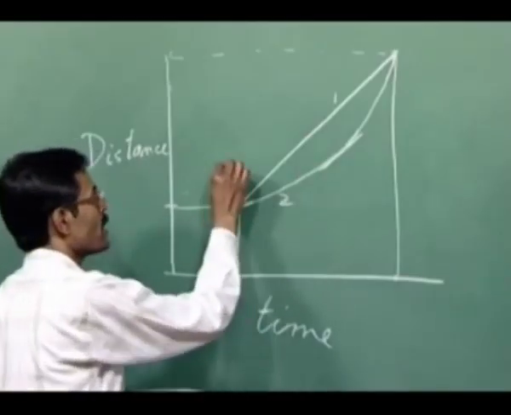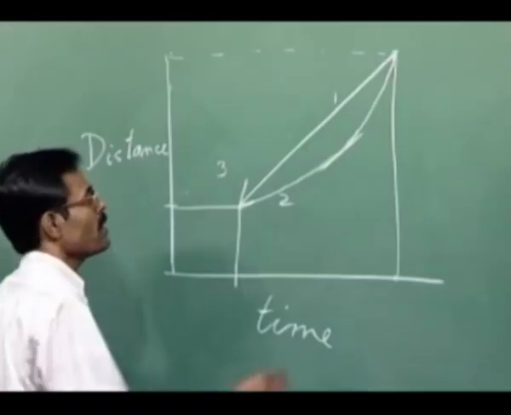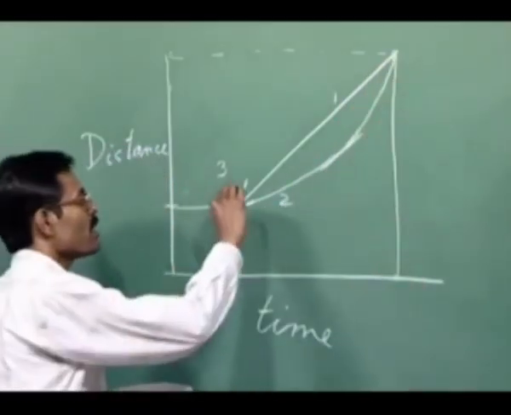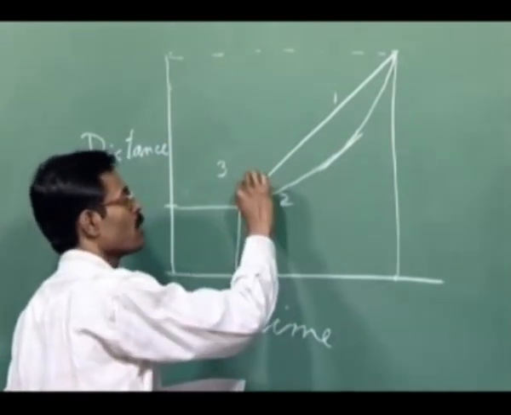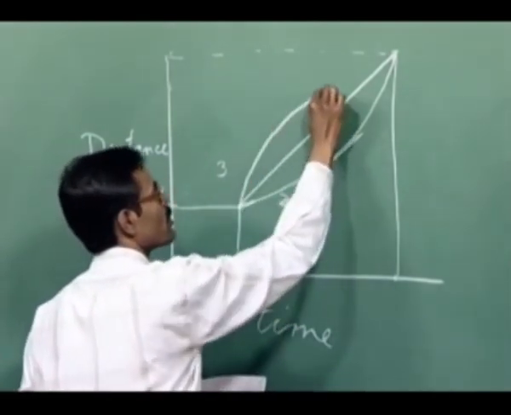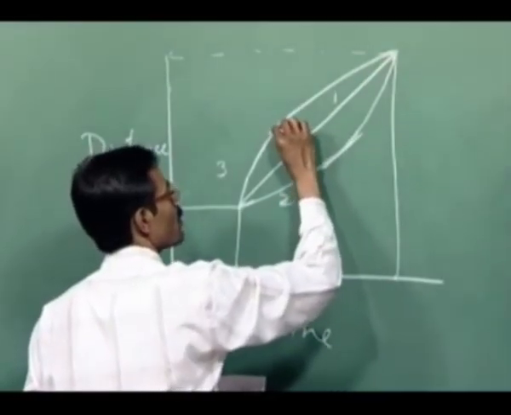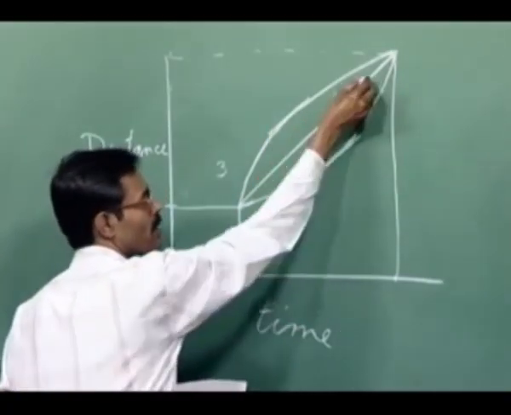Similarly, if there is a train 3 which initially was moving very fast, but then finally it reached the destination station at the same time, that means somewhere it must have turned from faster to slower. So, there must be some point, some time when its slope was the same as this one.